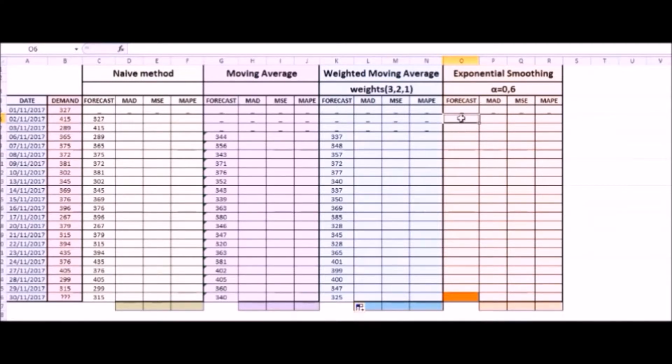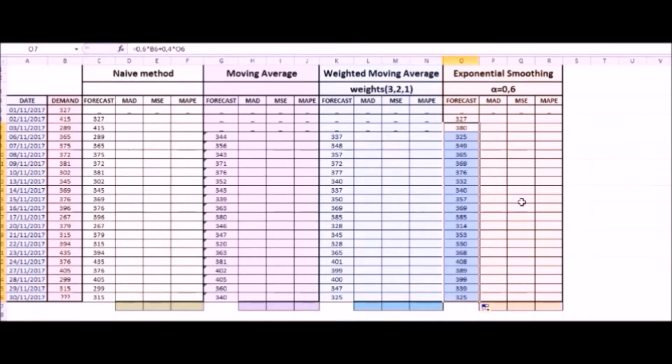So we assume that the first forecast is simply 327 using the naive method. That way we can predict the remaining values as follows: 0.6 times 415 plus 0.4 times 327, and so forth.